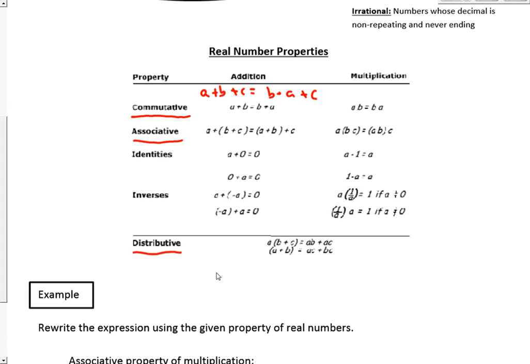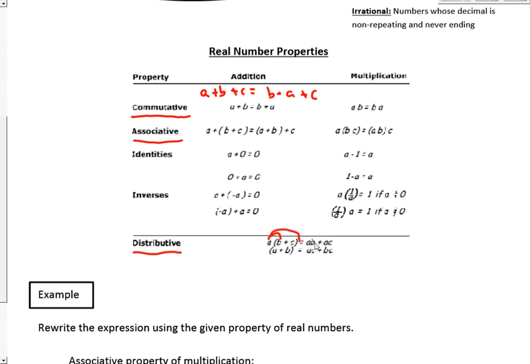And then distributive property is when you have something being multiplied by a grouping. So if I take A times the quantity B plus C, I would distribute the multiplication times the B and also times the C. But the addition keeps them separate.